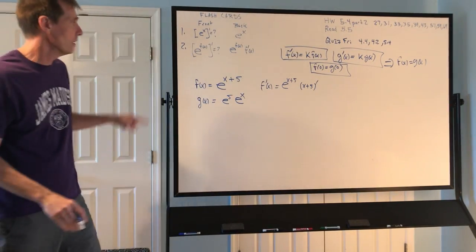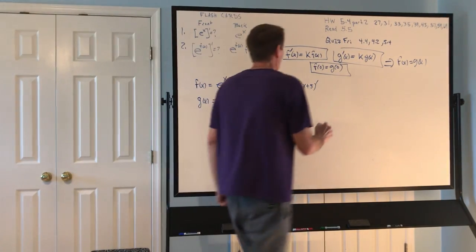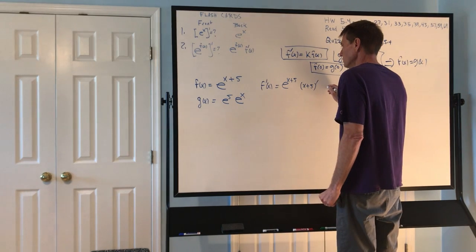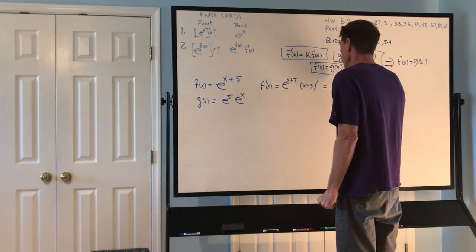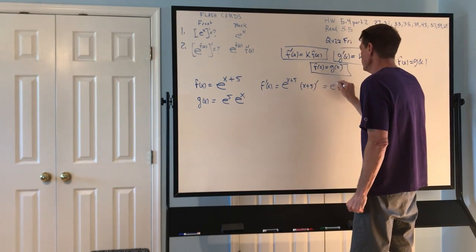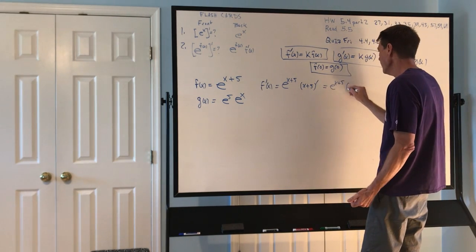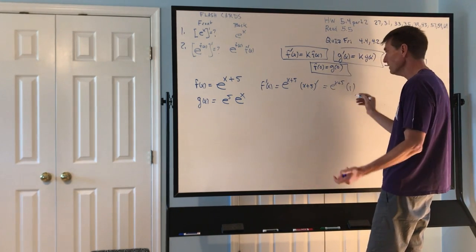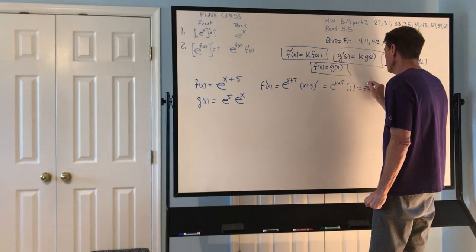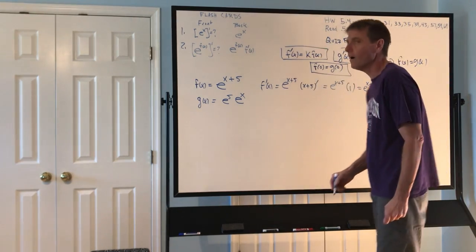So all I'm doing is using this flashcard. Well, this would be equal to e to the x plus 5 times the derivative of x plus 5, but that's just 1. So this would be equal to e to the x plus 5.